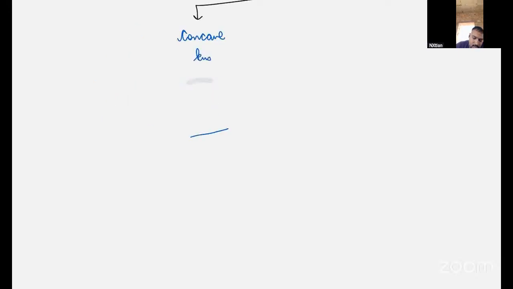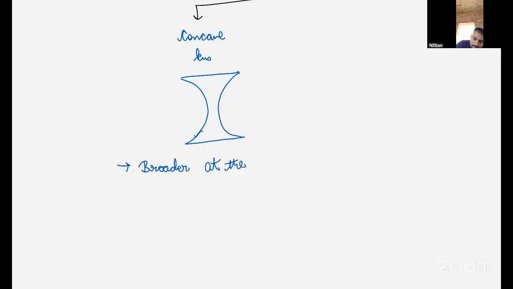And this one is concave, which in the middle is thin, and in the end it is broader. So we can say broader at the end and thinner in the middle.